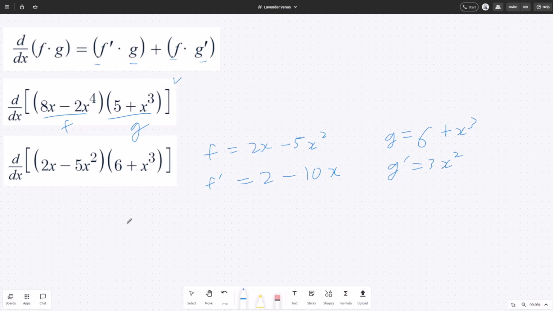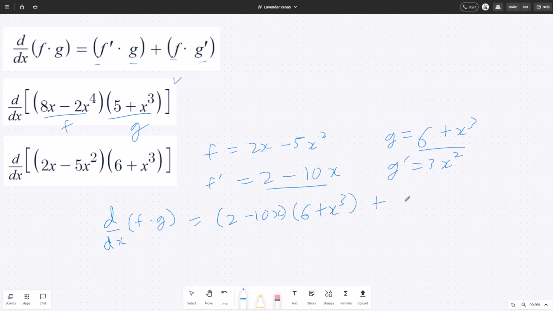To get the final derivative of f times g, we say f prime times g, which is 2 minus 10x multiplied by g, which is 6 plus x cubed.